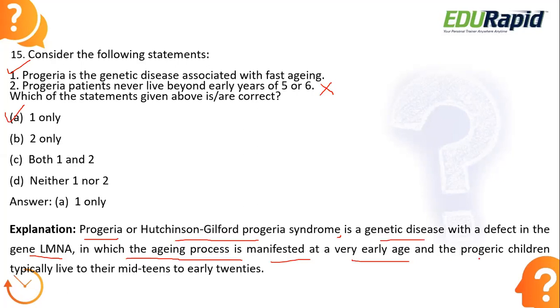Progeric children typically live till their mid-teens or early 20s. It is a syndrome that manifests the aging process in children. Clear? Moving to the next question.